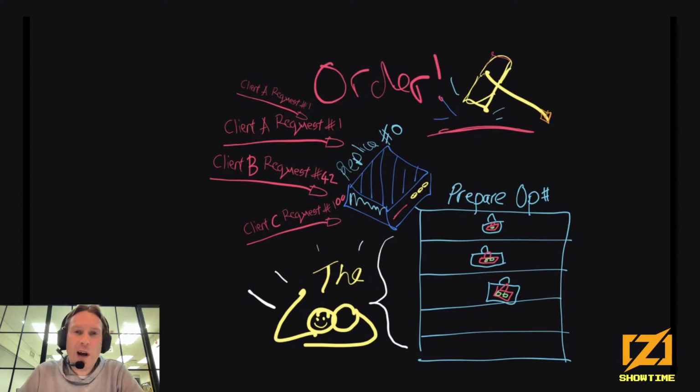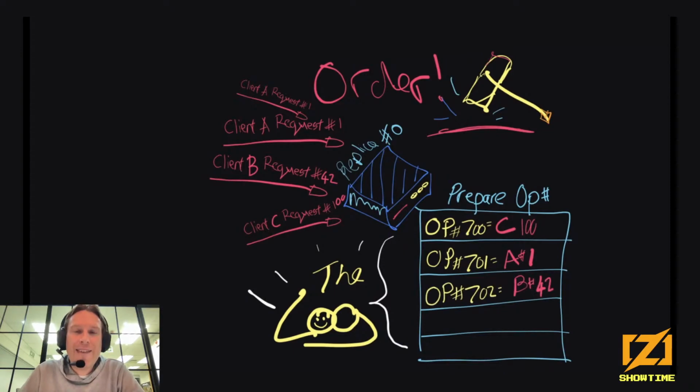So our op number is at 699. Then C arrives first, so we append op number 700 for client C to the end of the log. Then A arrives, so we append A's op to the log as op 701. Then B arrives, so we append B's op as op 702. And then A's first request arrives again, but we just ignore it because we can see that A's first request is already in the log.